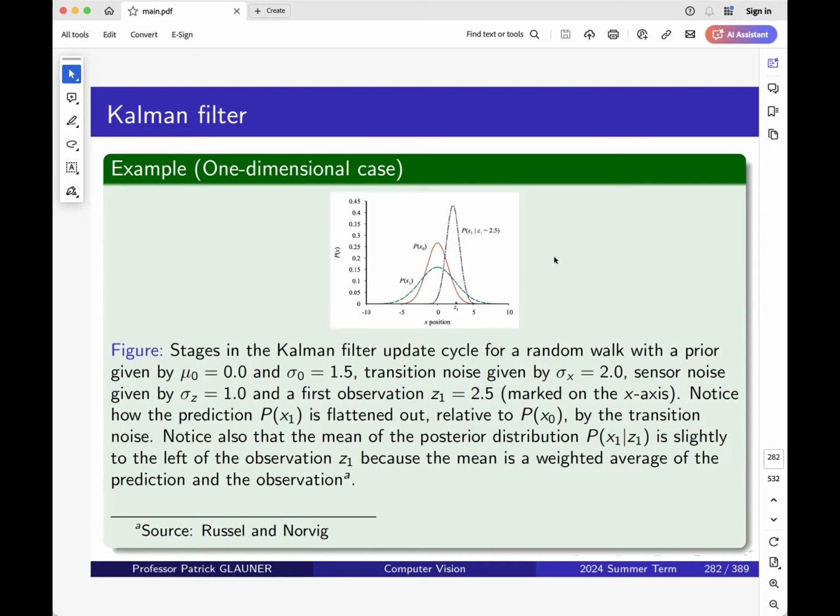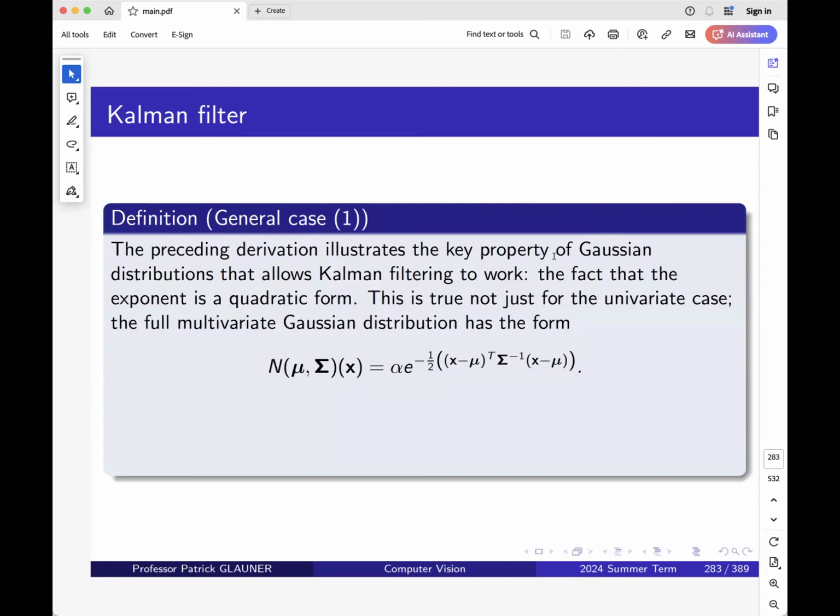So this was the Kalman filter for a single dimension, for a single variable x. Before, we said our bird's flight actually is more, because we have our 3 positions, or our 3 dimensions, x, y, and z. And it turns out that the Kalman filter can be generalized to multiple dimensions.